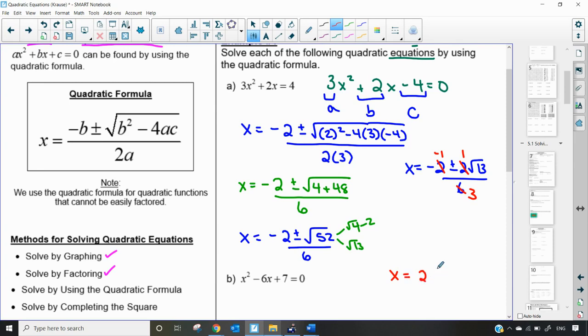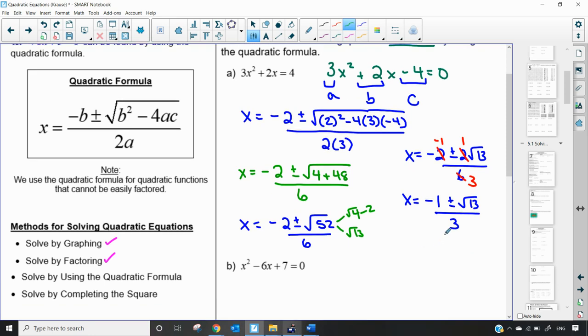So we pull out a 2, and that leaves us with negative 1 plus or minus root 13, all divided by 6. And then that would leave us with a 1 and a 3 on the bottom. So again, we would have negative 1 plus or minus root 13 all over 3. So writing that out, we have negative 1 plus or minus root 13, all divided by 3.